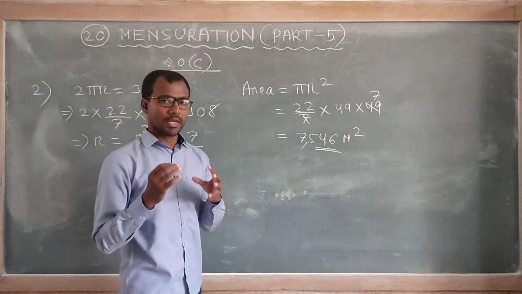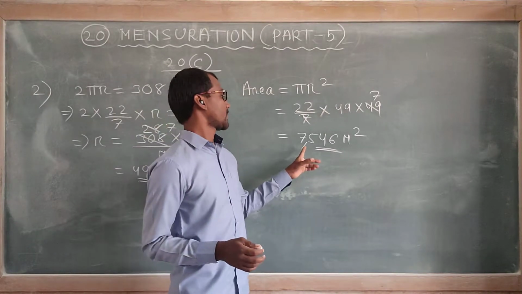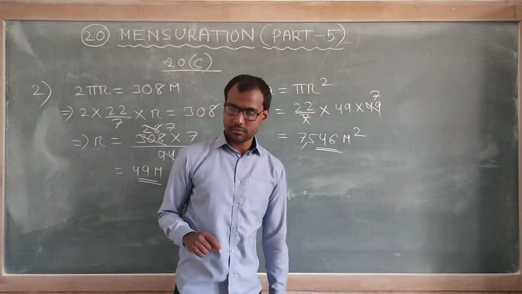So this is the area occupied by the circular field, 7546 square meters.